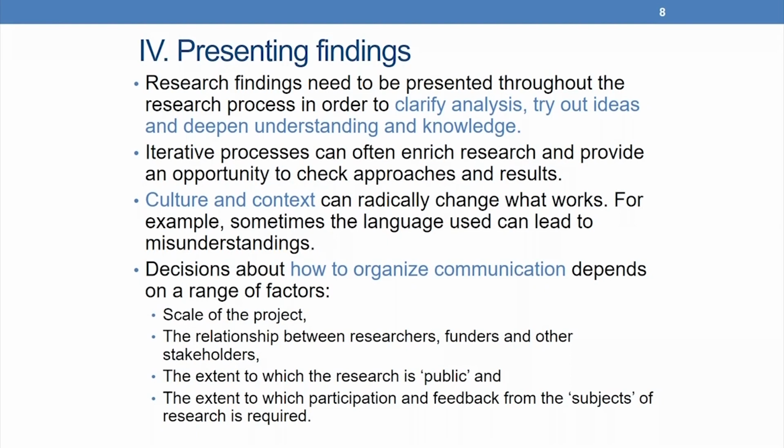Now, culture and context is something very important, and that can radically change what works. For example, sometimes the language used can lead to misunderstandings, particularly if the research findings are of a technical nature that normally uses a lot of jargon.